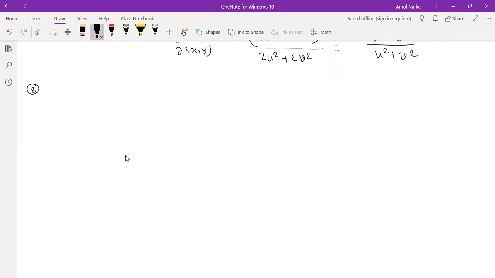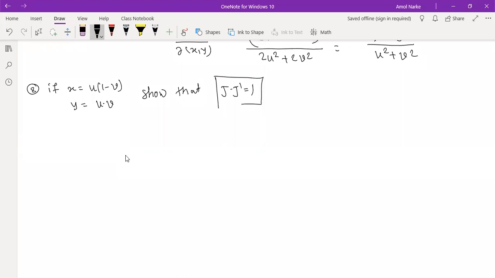What they have given: if x is equal to u into 1 minus v and y is equal to uv, so that J into J dash is equal to 1.